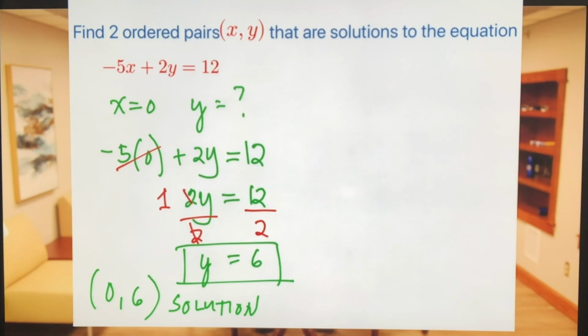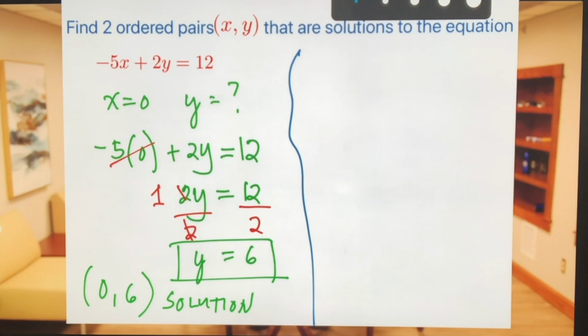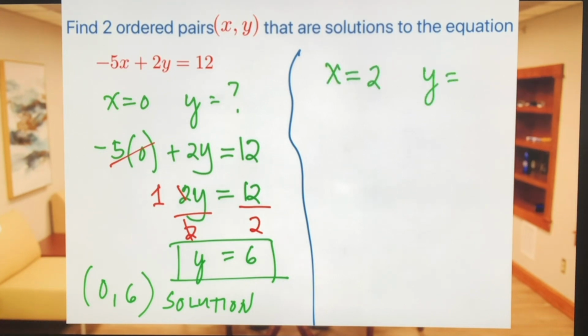I'll give you time to process and take down notes. So let's find another ordered pair. Let's say x equals 2, let's find the value of y.